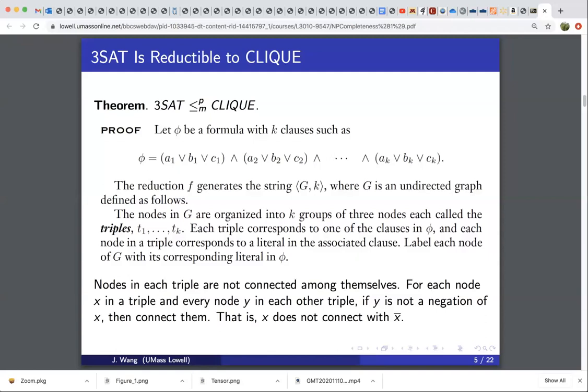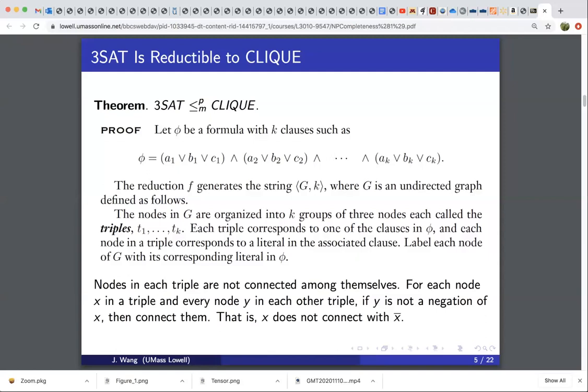Then when we show that 3 SAT is NP complete, we know that clique is also NP complete. For the sake of constructing a reduction, we first look at concrete problems to get some ideas about how to construct a reduction.